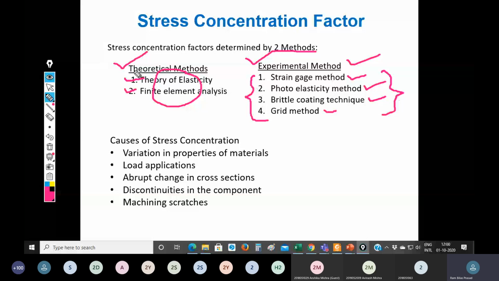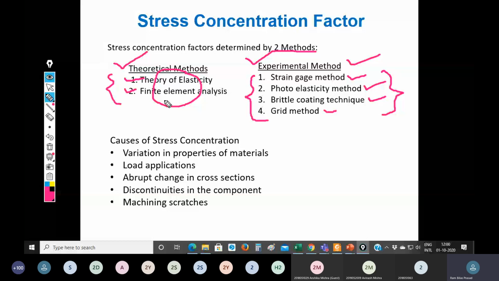The important thing is that you just know how the stress concentration factors are determined, right?